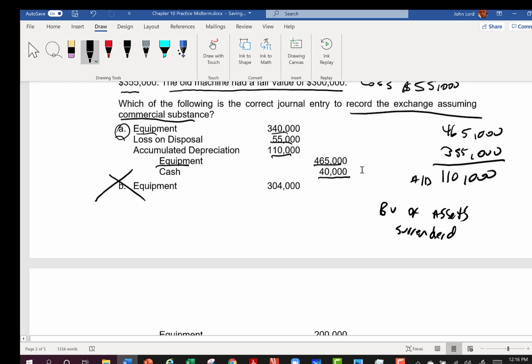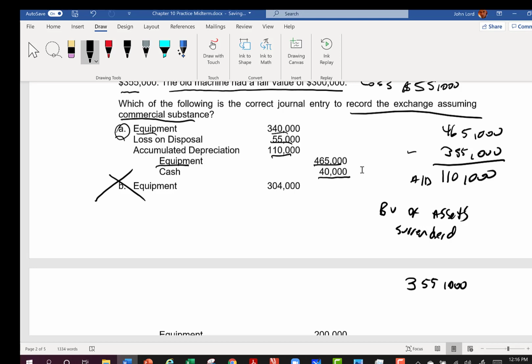If you've got some other way that you came up with of coming up with the right answer, I'm not going to argue with you. I like to do it this way, guys, because it always gets me, very consistently, the answer for the new equipment. Okay, so book value of assets surrendered. The book value of the equipment was 355. Book value of assets surrendered plus any gain or minus any loss.